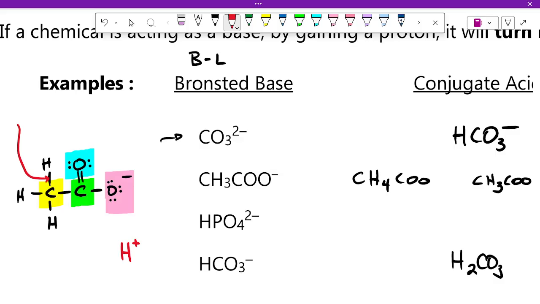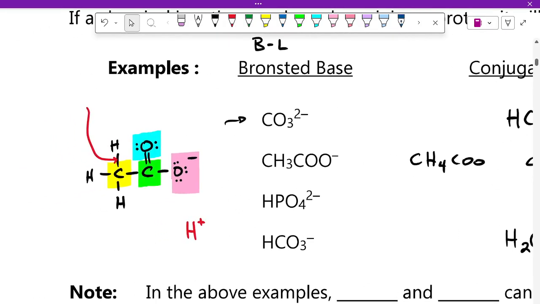What kind of particle makes that bond? What is a covalent bond? Describe it to your partner. A covalent bond is when what happens? They share electrons. What's the bond made of?